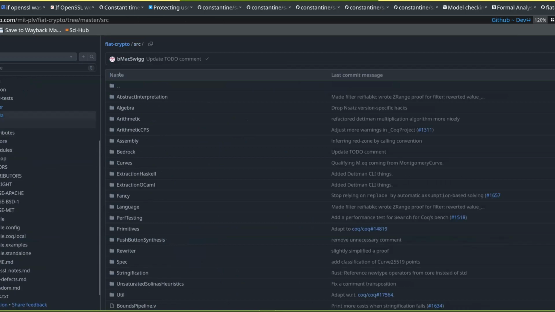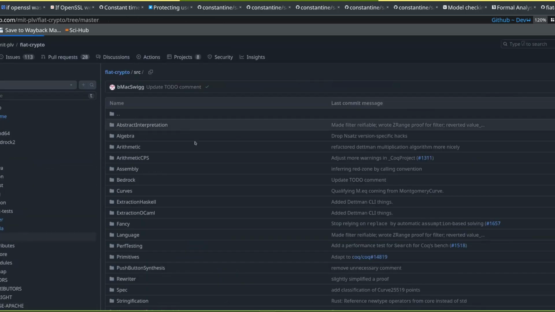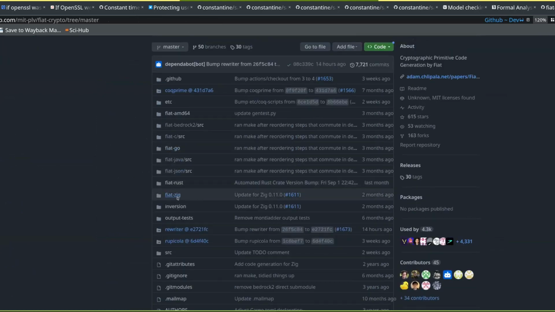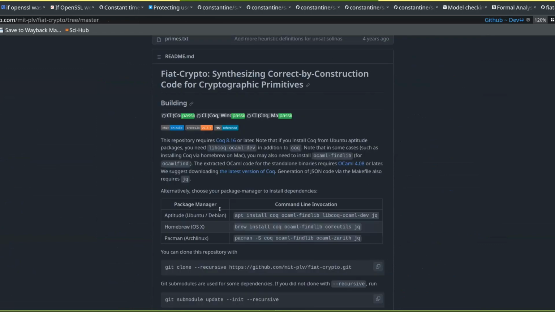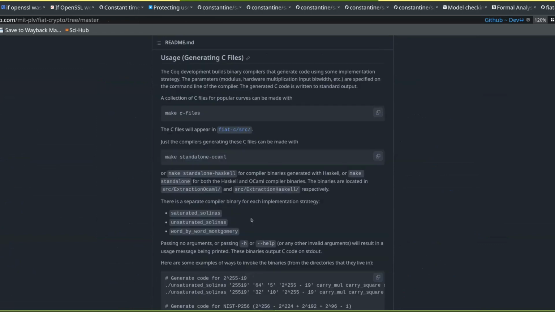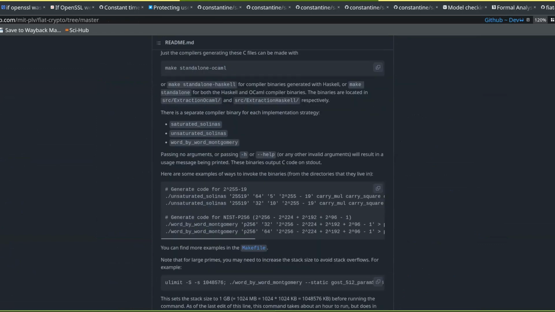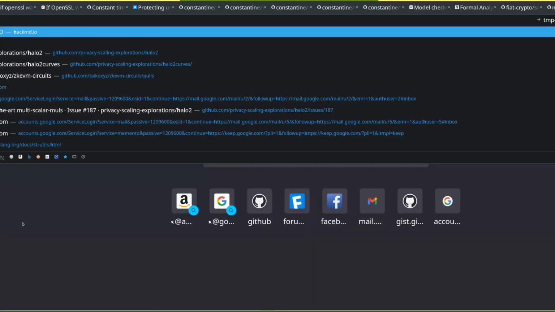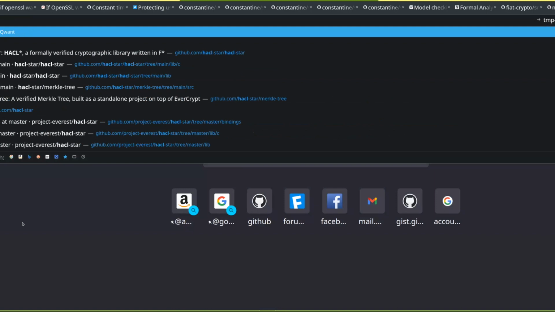And so Fiat Crypto is a very nice repo that can generate C code, Go code, Rust code, Zig code for elliptic curves. And there is something similar for TLS, which is called HACL*.